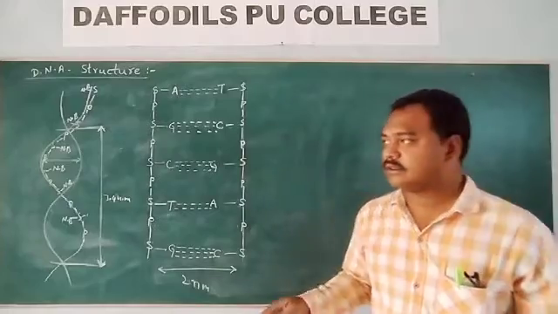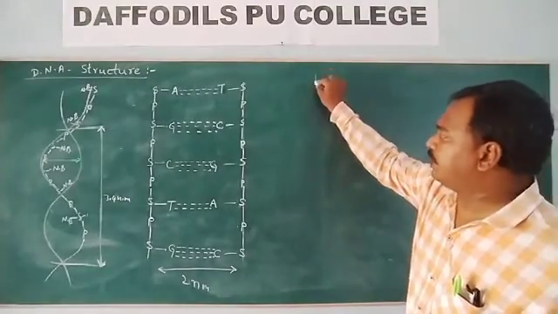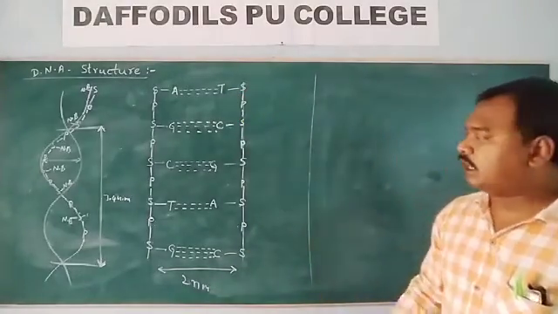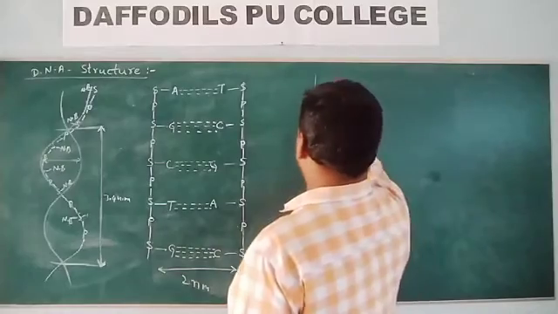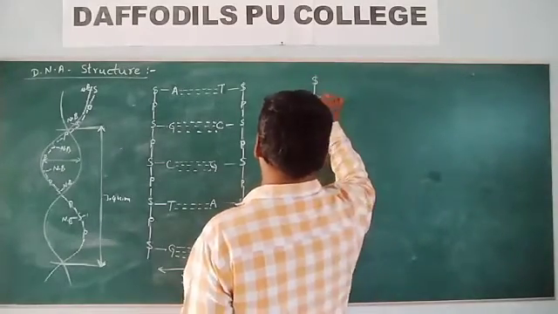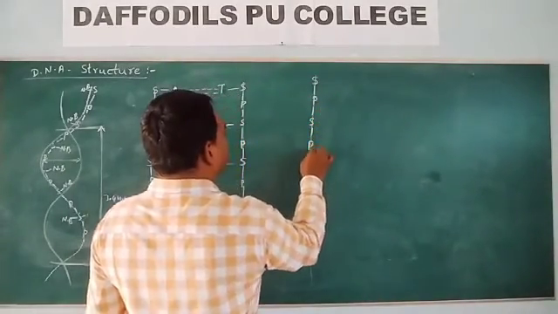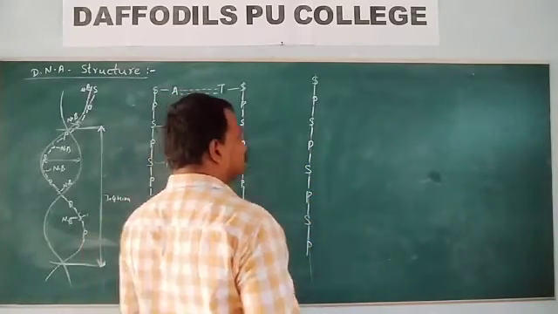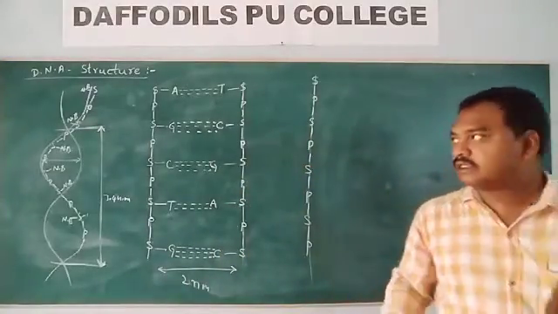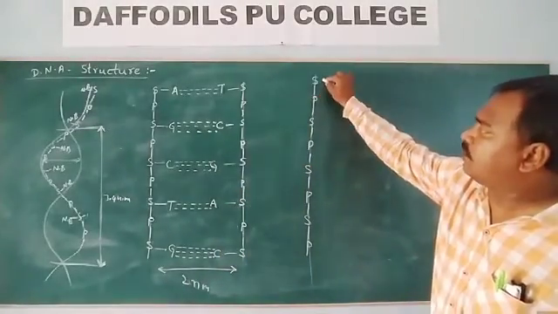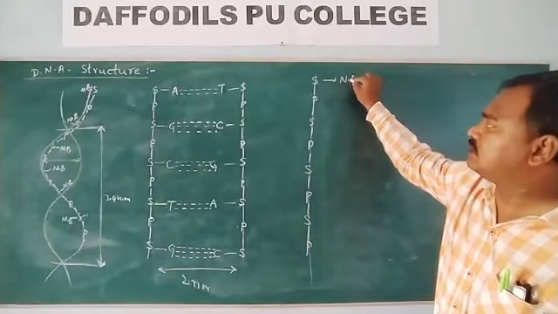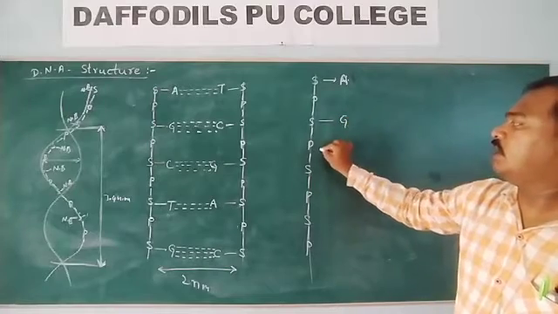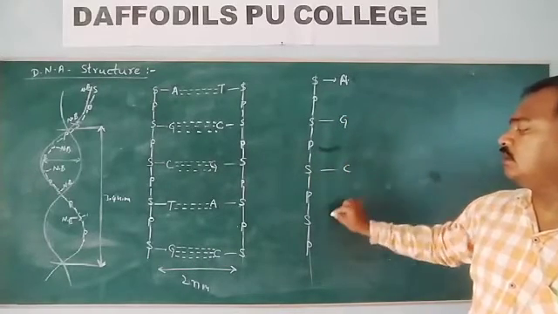RNA contains a single strand. This strand is also made with sugar and phosphate groups. All the sugar moieties are bonded with nitrogen bases.